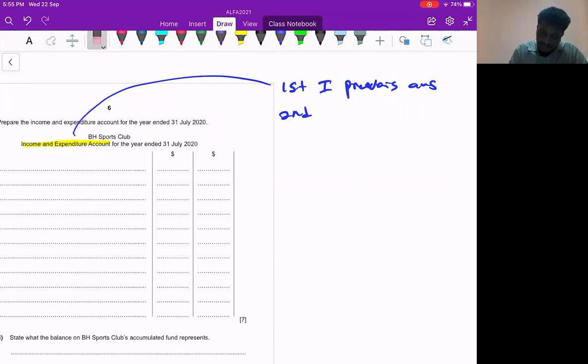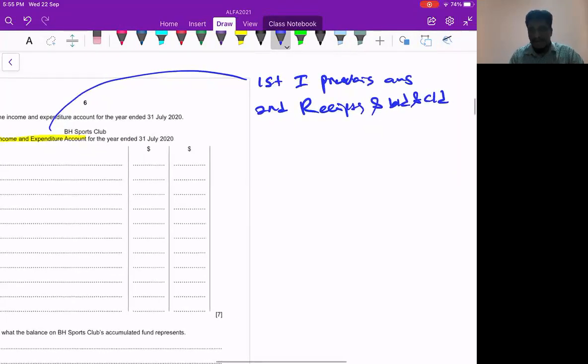Actually, wait. You just check the receipt, because first we check the income money. Check the receipt and balance BD and balance CD. Check these three. Do you have any income or not? The third one, check the additional information.